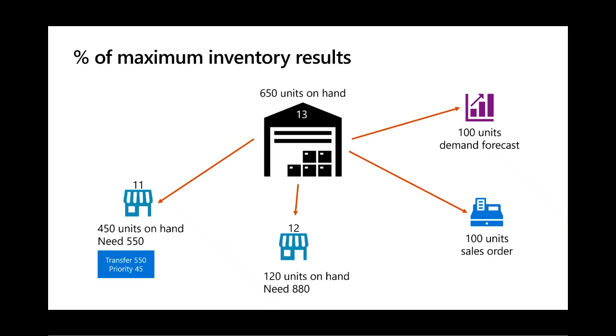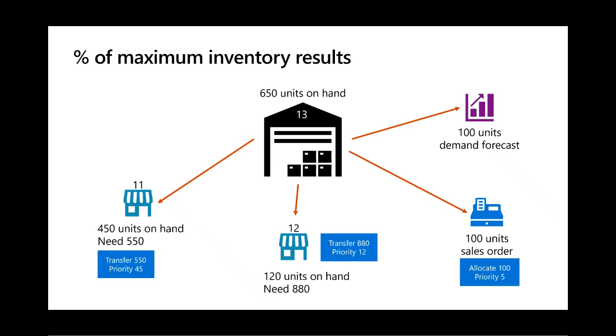For warehouse 12, I have 120 units on hand, which is 12% of my maximum inventory, and I need 880 units to replenish that warehouse. So I get a transfer quantity of 880 with a priority of 12. Based on my sales order default priority, I'm going to get a requirement to allocate 100 units with a priority of 5.